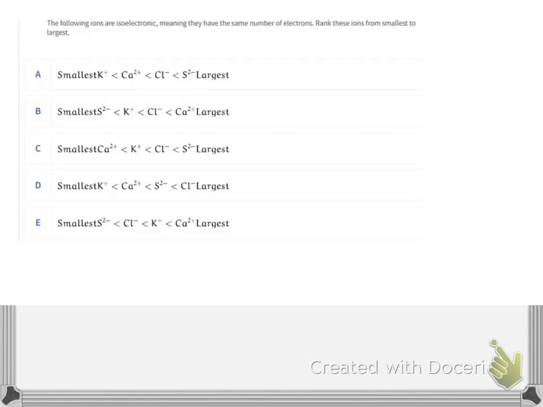Next question we've had several inquiries about is this one, which has to do with ions. Let's keep in mind that electrons repel each other. That's what creates the size of the atom: our electron-electron repulsions, and their competition with the electron-proton attraction.